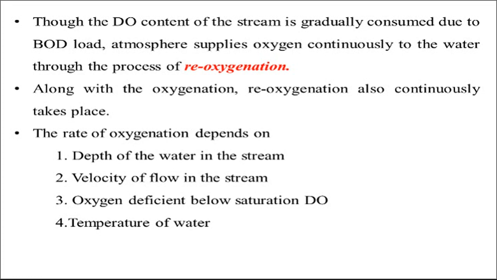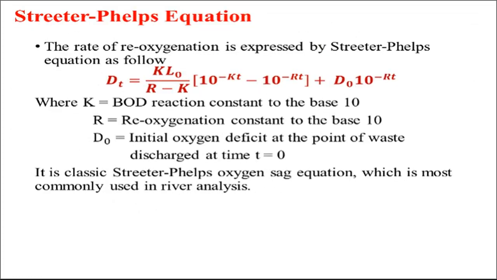Now next we are going to study the Streeter-Phelps equation. The Streeter-Phelps equation is the equation expressed for finding out the dissolved oxygen in the stream at a particular time.